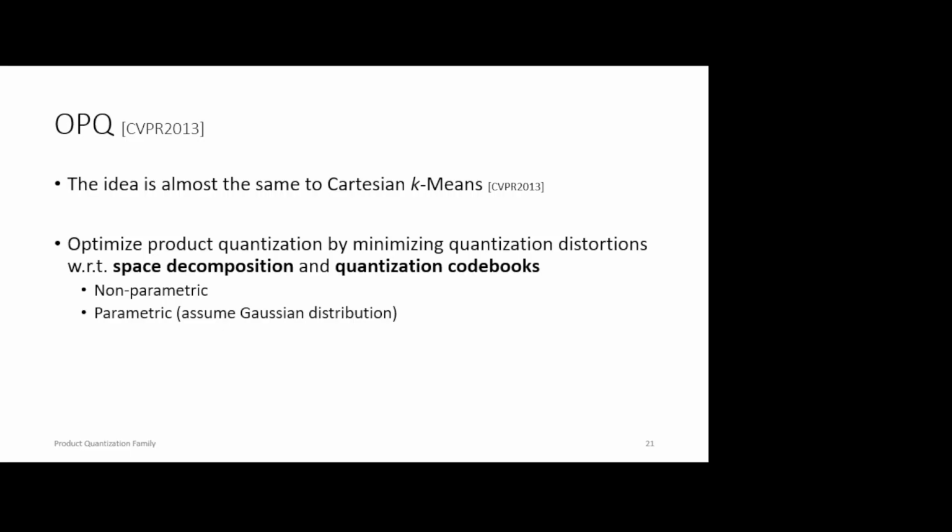This paper is of course by Microsoft, and the other is by, I forget, an American top university. But this paper, OPQ, has a higher number of citations than that one.